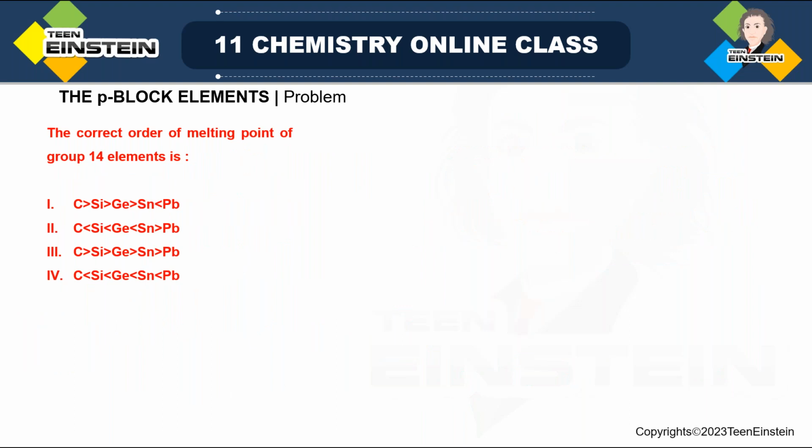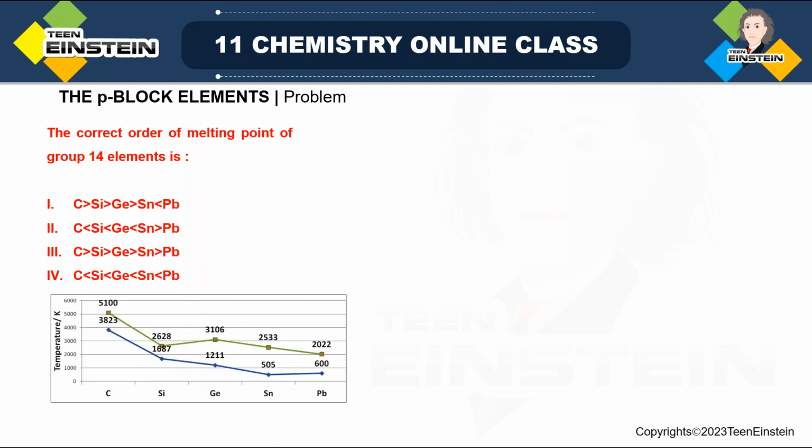correct order of melting point of group 14 elements. So melting point we have discussed in previous class, not in today's class. So here if we see the green line, that is for boiling point, and this line is for melting point.